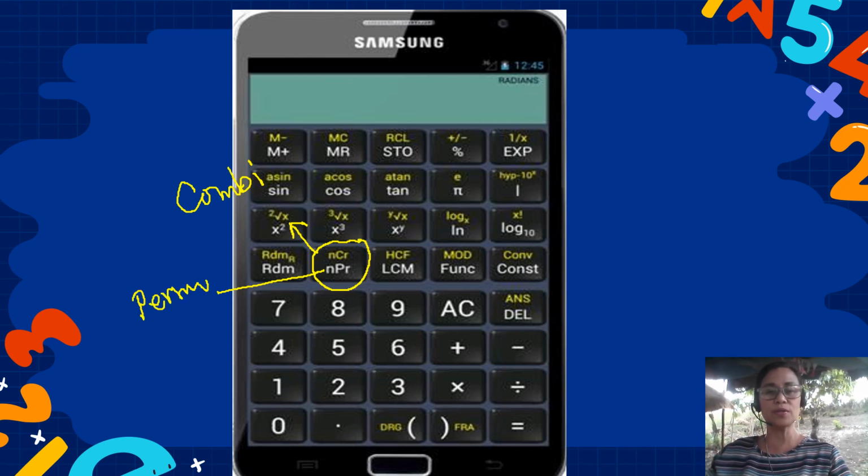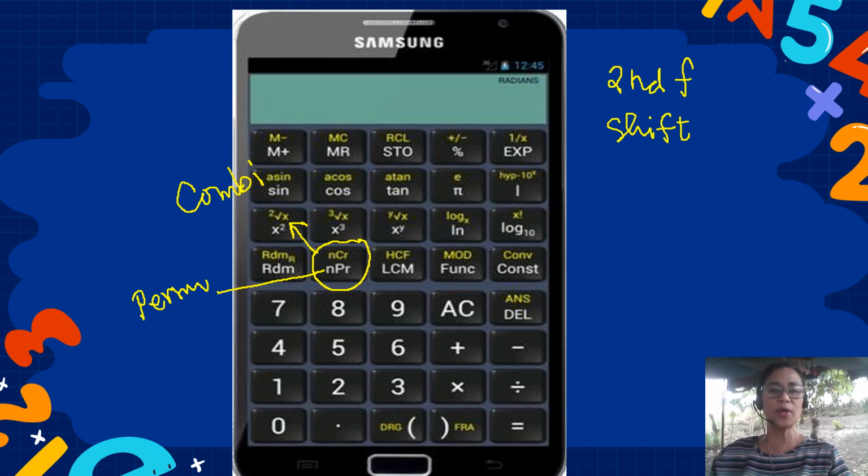Now, for you to use nCr, you have to look for this key, second function or the shift key. You press first the second function or shift key in your scientific calculator for you to use this yellow function key, nCr, or the combination.